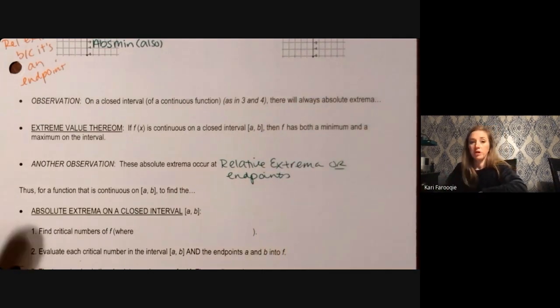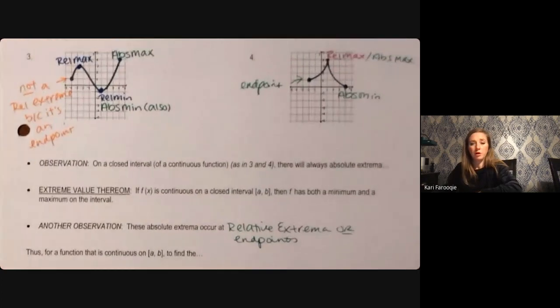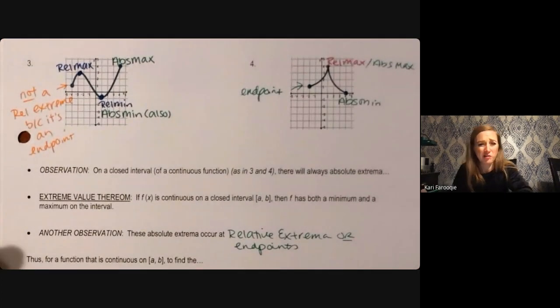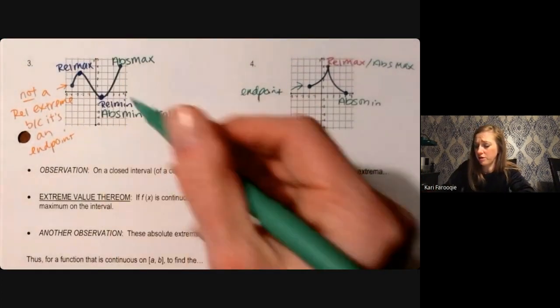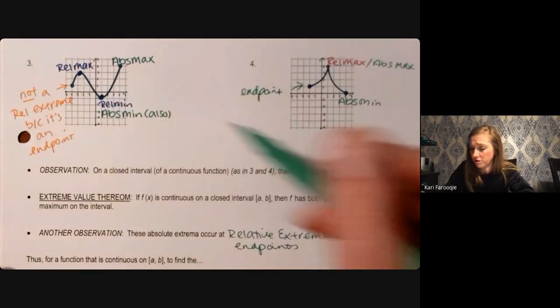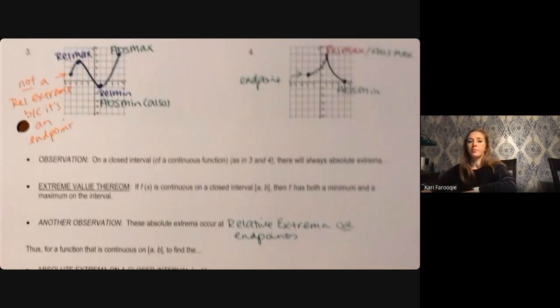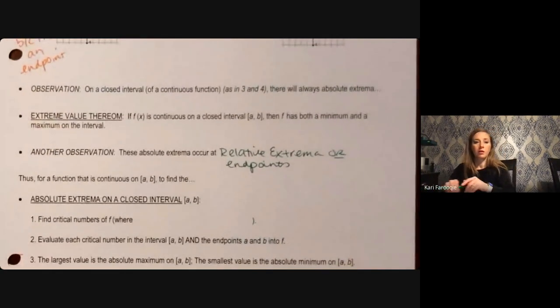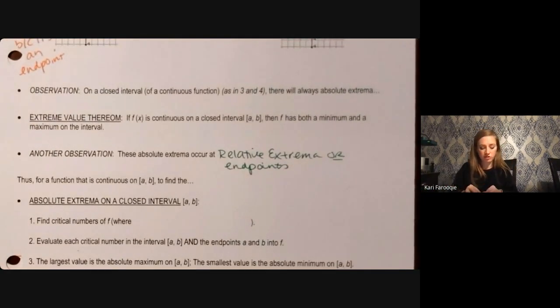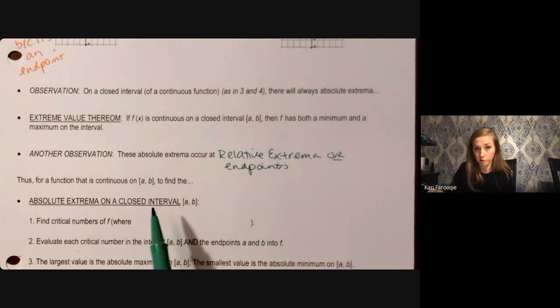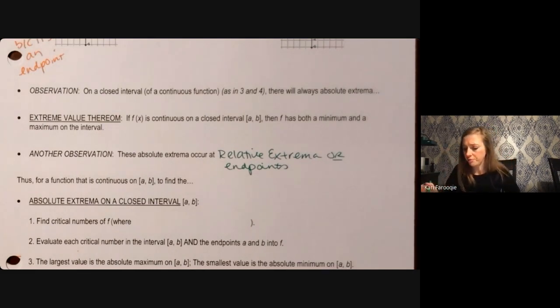Okay, so in both cases, we had that happen where our absolute minimums and maximums also coincided with relative maximums in some cases, or they coincided with endpoints in others. Okay, thus, for a function that's continuous on a closed interval from A to B, which is what we're going to be focusing on today, just chopping that off and talking about a closed interval mostly, we will expand that out for an example or two.